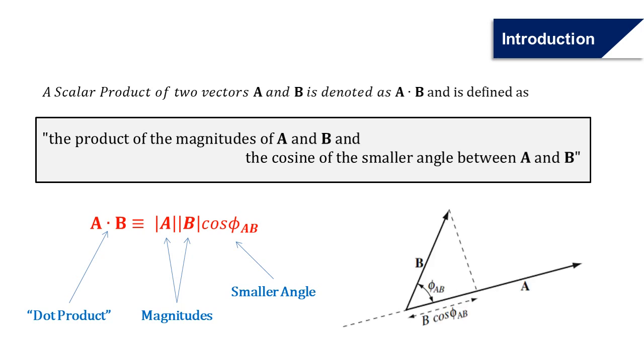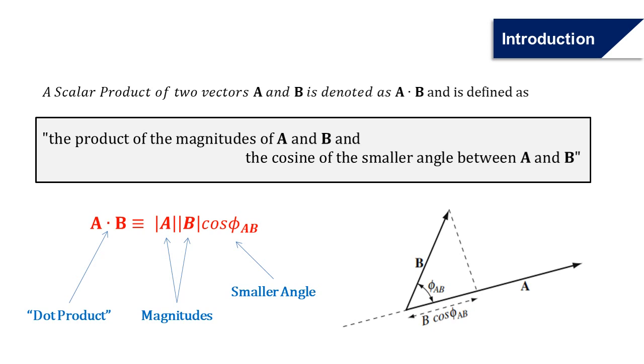So to illustrate, meron tayong dalawang vectors and then meron tayong angle between them. So yun yung dinidefine or dinidescribe ng scalar product. Okay. So yung projection ng isang vector doon sa isang vector, ito yan.